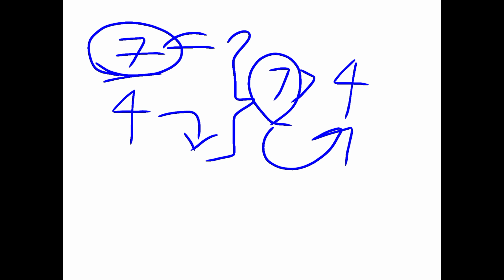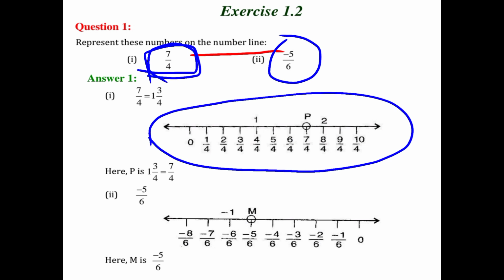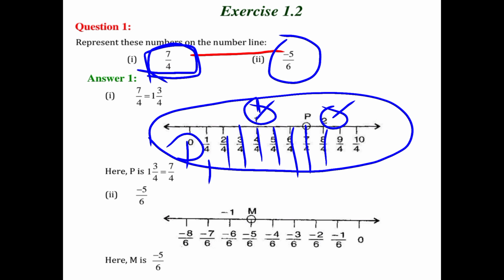Here you can see that this is 0, this is 1 and this is 2, right? Then the distance between 0 and 1 is divided into four equal parts: 1, 2, 3 and 4. Then the other unit distance, the distance between 1 and 2, is again divided into four equal parts: 1, 2, 3 and 4.